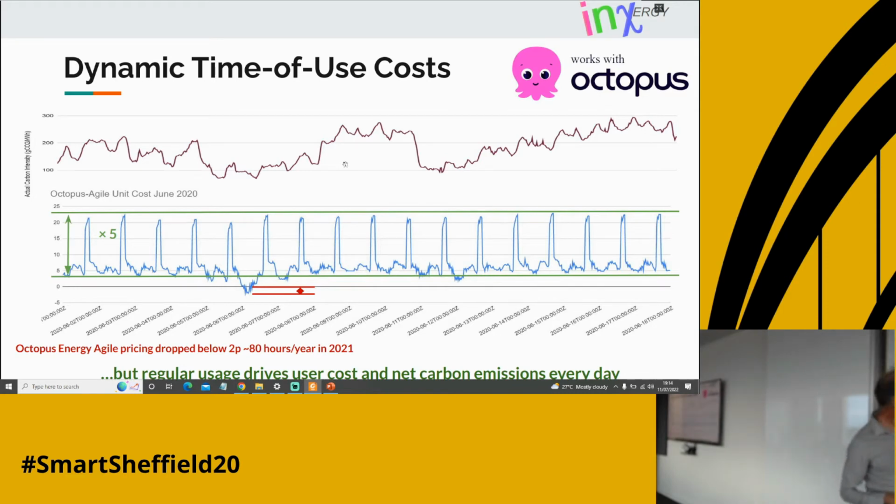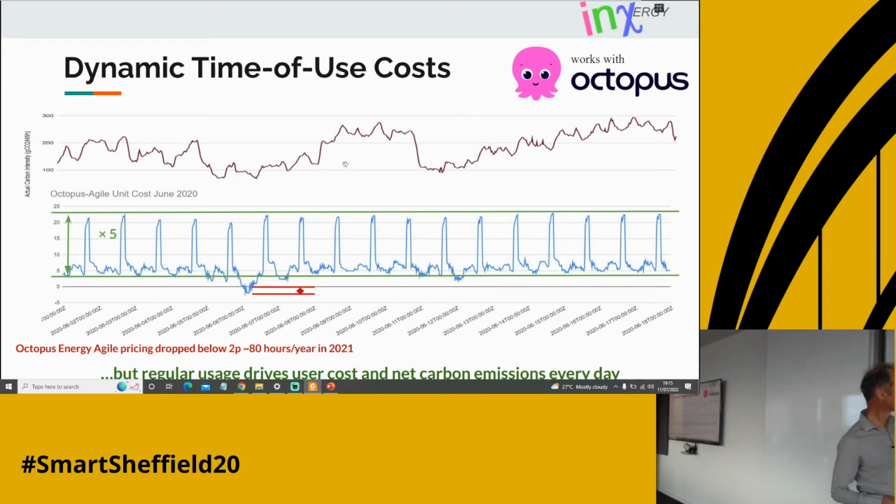These peaks here, this is quite old, this is from 2020, because the graphs at the moment don't look very nice. So in 2020, we can see there's a factor of 5 in the cost compared to the average low cost, rather than these sporadic ones.